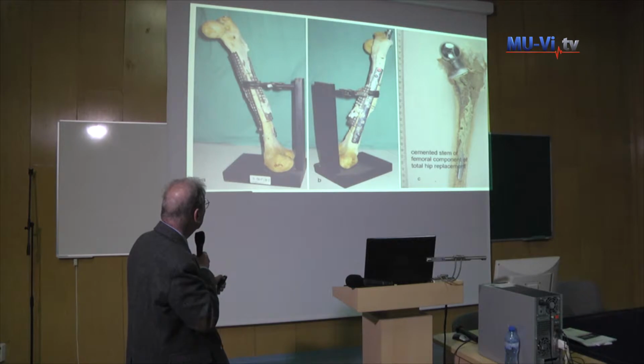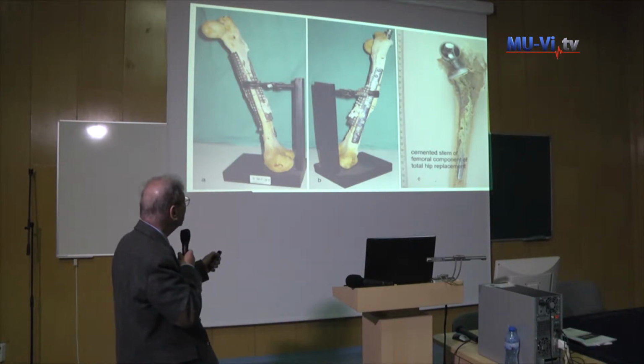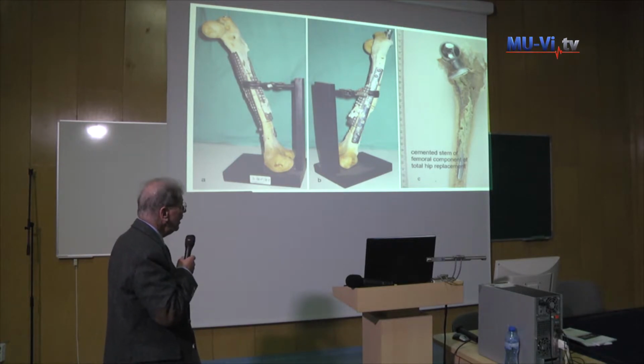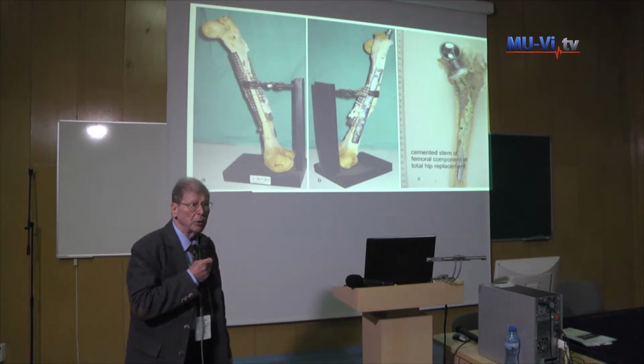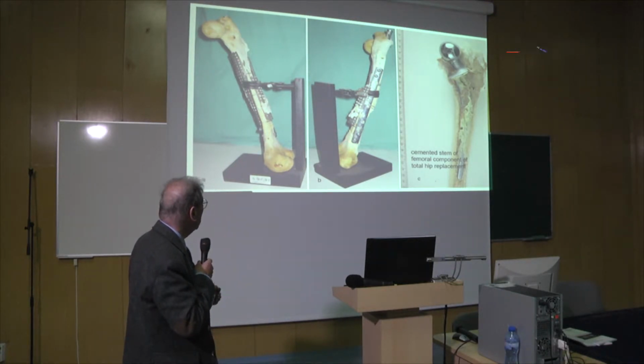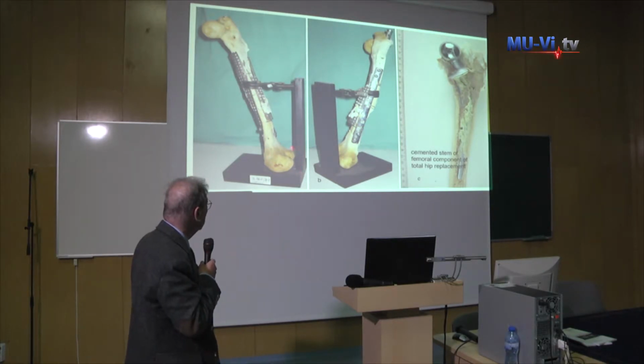Here you see a nail going down through the interior of the femur. One plate, screws, another plate, cerclage. And of course, this is not tolerated by the bone. And you can clearly see in this macerated specimen that the bone is very pale in relation to the living areas here and on the proximal area.